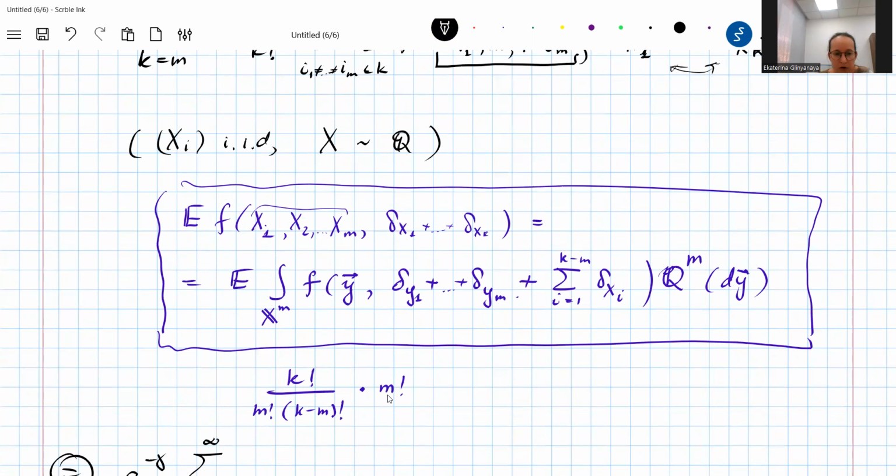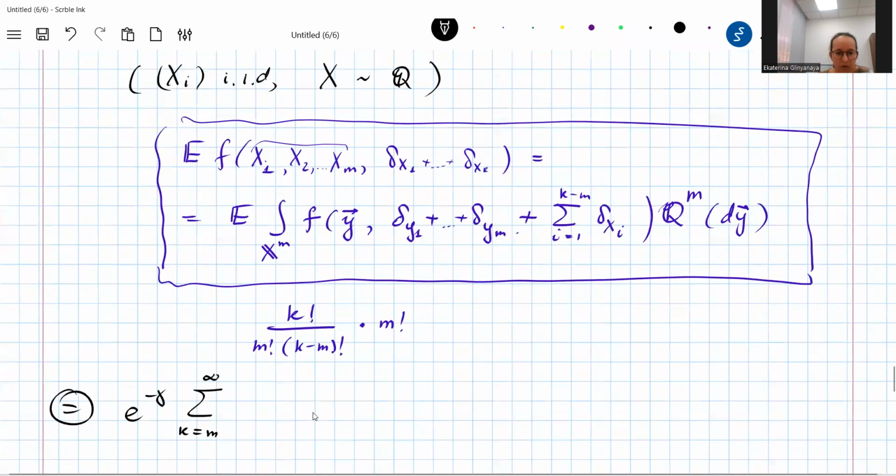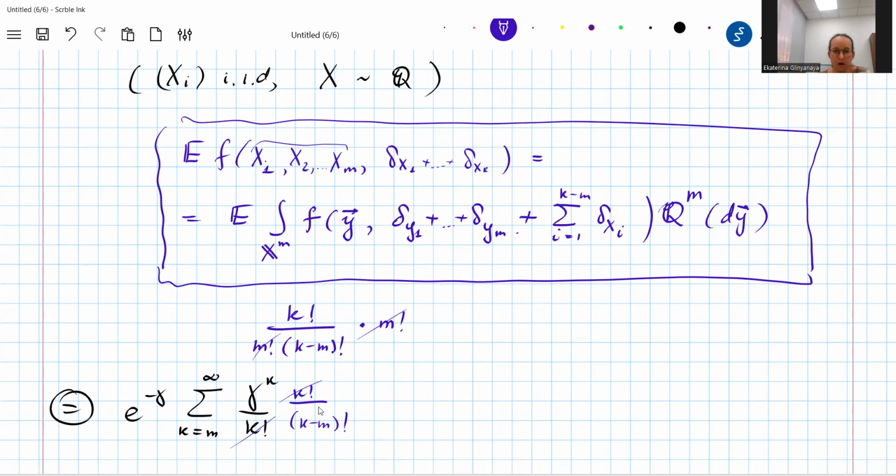It will disappear, so I will have only k over k factorial. And this one, k factorial, disappears, k minus m factorial. This will disappear too. And I just write this.